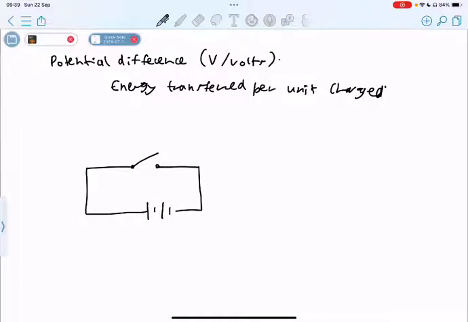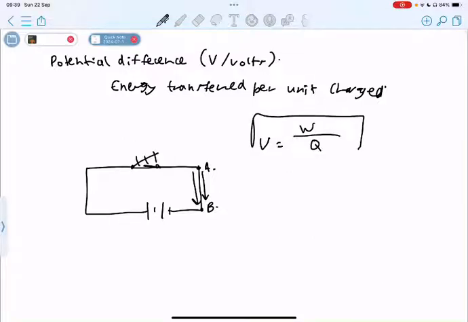When this switch is closed, from point A to point B, the amount of energy transferred per unit of charge is defined as potential difference. So PD, V, is defined as the energy, which is the work W, per unit of charge Q. That's your formula there, okay?